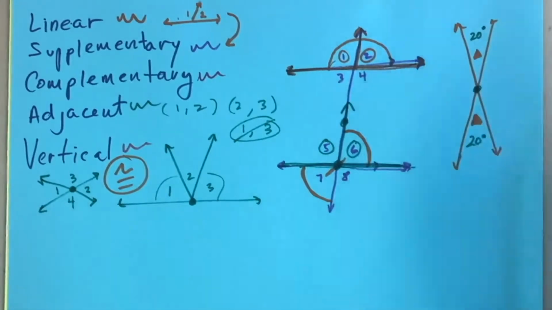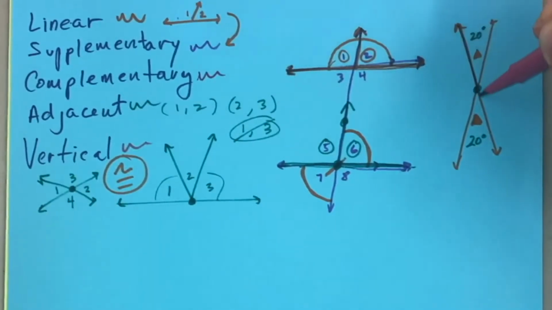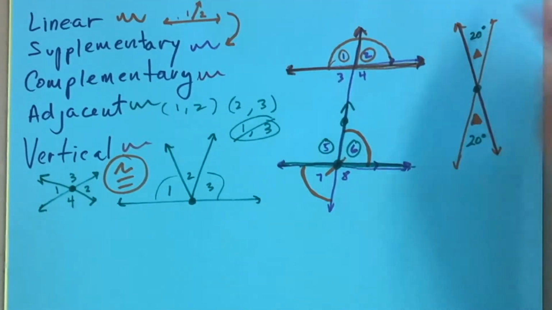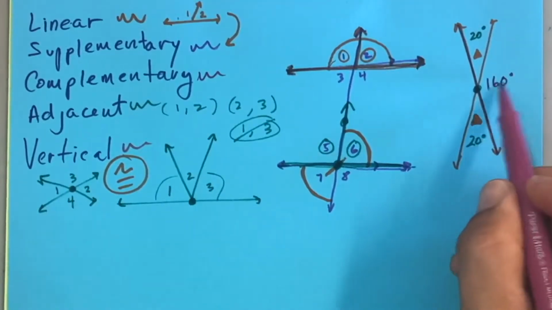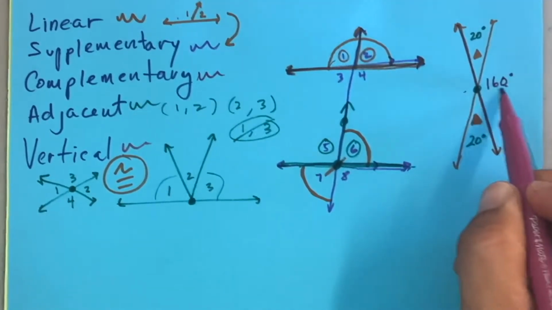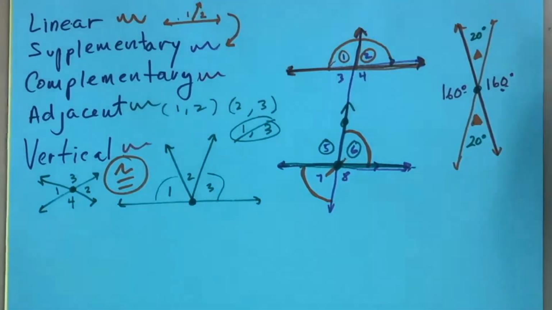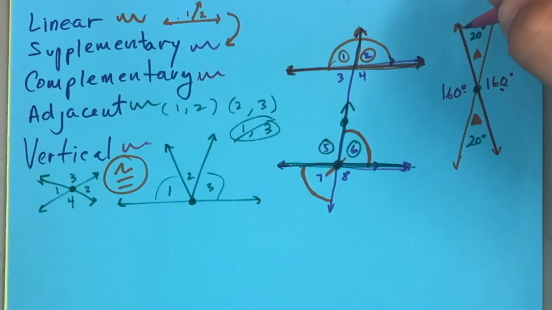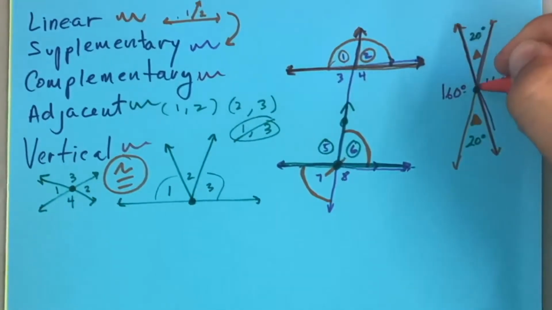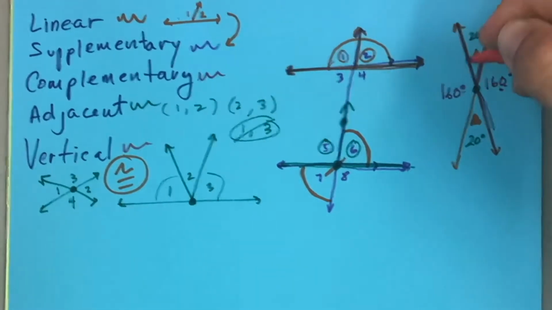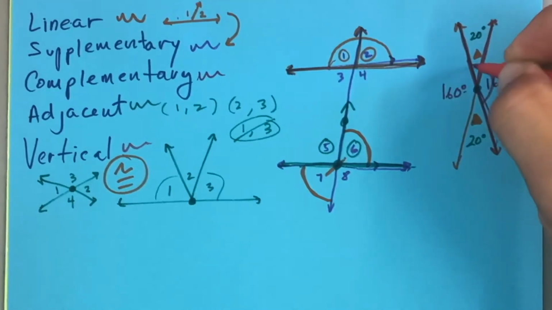And now I could use some angle addition here. I know a straight line is made up of 180, so if this is 20, this is 160. And if you see, I've created another pair of vertical angles, because if this is 160, this here will be 160. And then notice I've created a linear pair, because I have two angles that make up a straight line, the 20 and the 160.